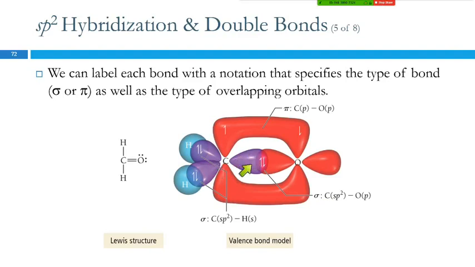Well, on the carbon, we're using one of those hybrid orbitals, sp2, and the oxygen is using a p orbital. So that's that one. And then we have two bonds over here. They are the same kind of bond, and so they'll have the same description. Sigma: C sp2, H s. The hydrogen is using an s orbital, the carbon is using an sp2 orbital.